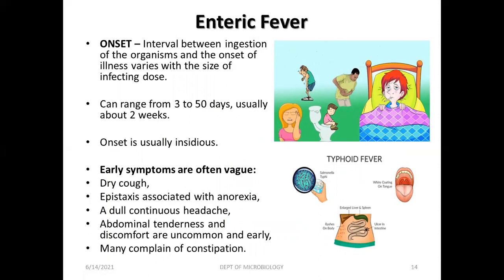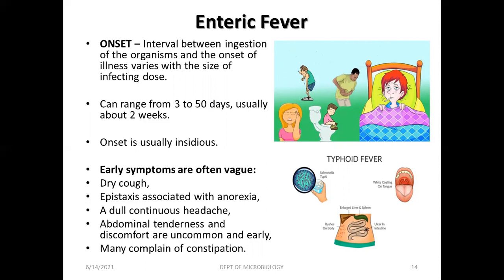Onset is the interval between ingestion of the organism and onset of illness. Onset is the appearance of the signs and symptoms. And what does this onset depend upon? The size of the infecting dose: whether 10 raised to 3 are ingested, or 10 raised to 2 are ingested, and then multiplied to reach up to 10 raised to 9.